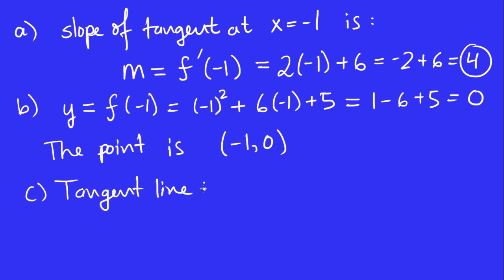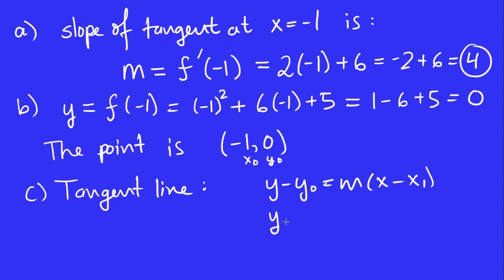Well, we have all the information we need. Let's write the formula for the tangent line here. This is like the point slope formula. We have a point, right? This is our point, x1, y1. Actually, I guess it's x0, y0. And the m is right here. m is 4.